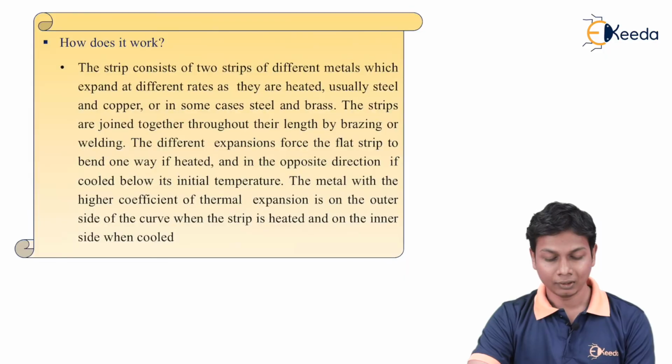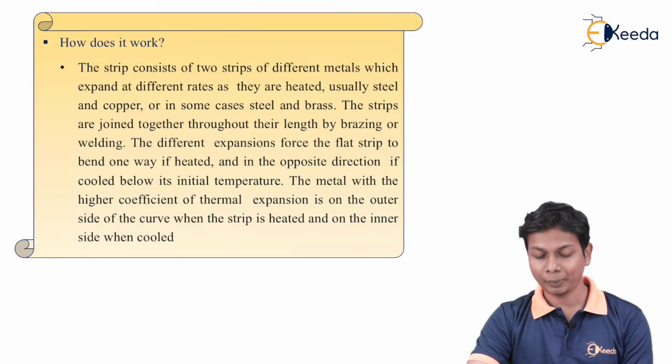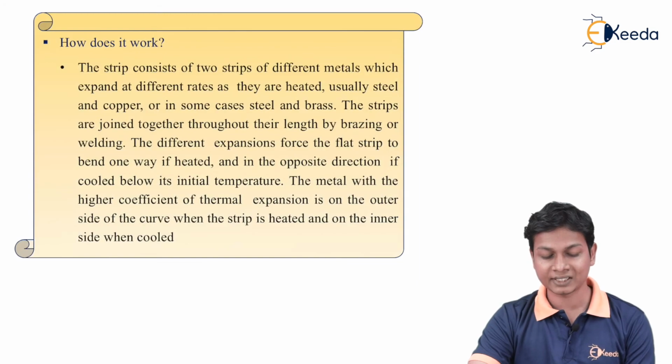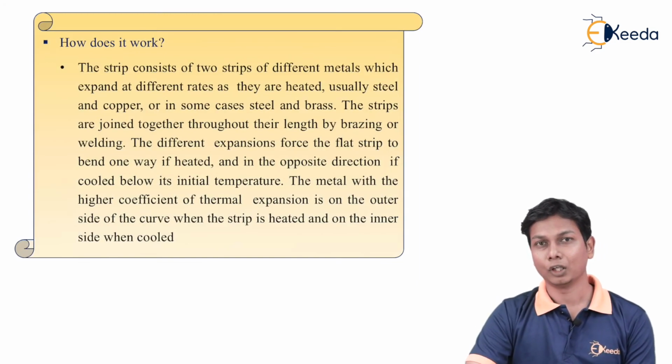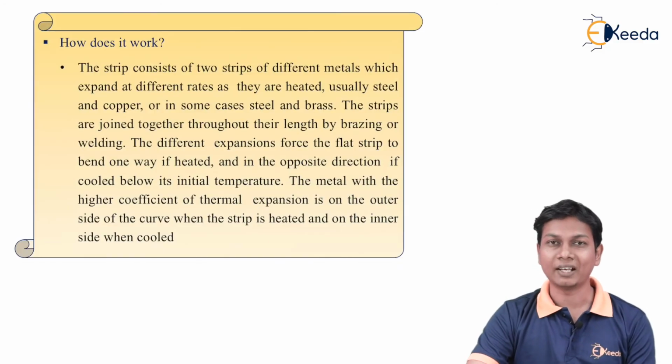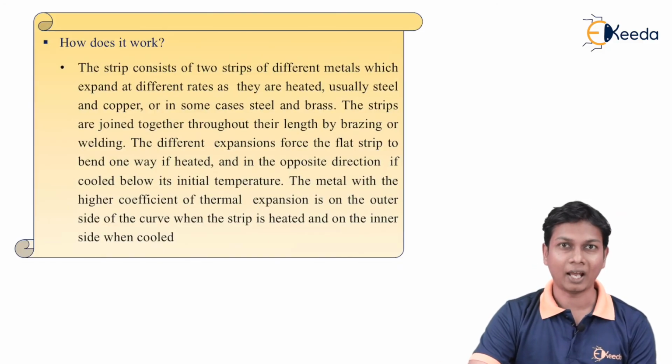The metal with the higher coefficient of thermal expansion is on the outer side of the curve when the strip is heated, and on the inner side when it is cooled. See, there is one metal on the outer side and another type of metal on the inner side.